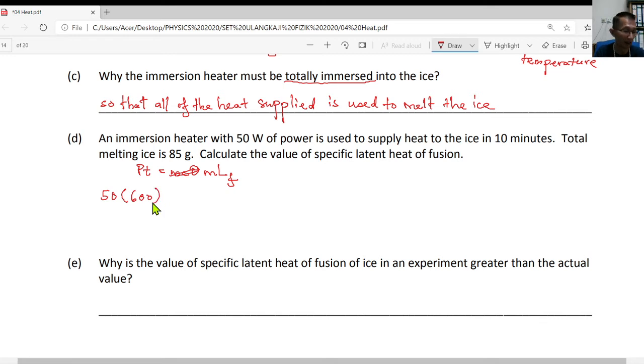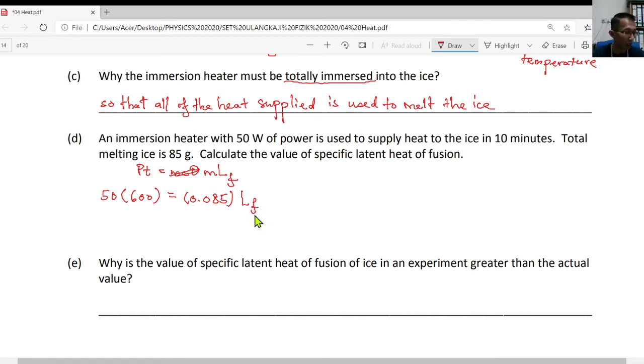600 seconds. Okay, so now mass is 85 grams and we don't work with gram as well, we work with kilogram. So convert this into kilogram. You should be able to get 0.085, just divide this by 1000. You should be able to get 0.085 kilogram, and then multiply by the specific latent heat of fusion.